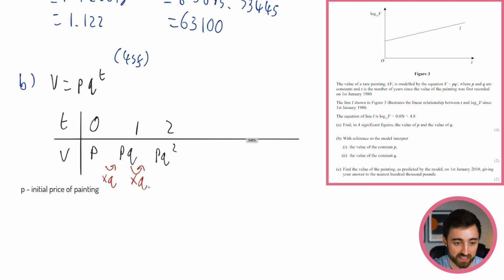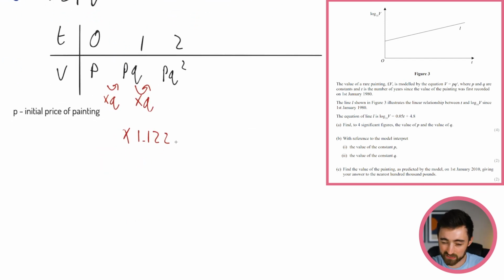Another way to think about this, Q is 1.122, right? So imagine I take a number and I multiply it by 1.122. What does that do to the number? Maybe think of this in terms of a percentage. That basically corresponds to a 12.2% increase, doesn't it?